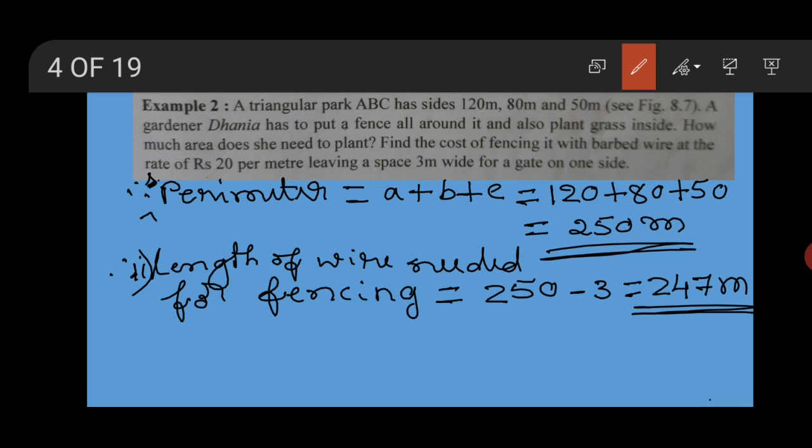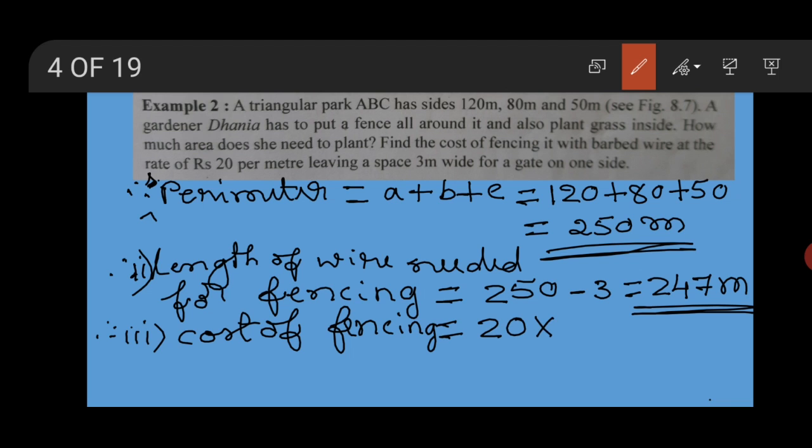Then lastly, what is the cost of fencing? Therefore, question number 3, cost of fencing is equal to, at the rate of rupees 20 per meter, 20 rupees into the length of the wire, which is 247.